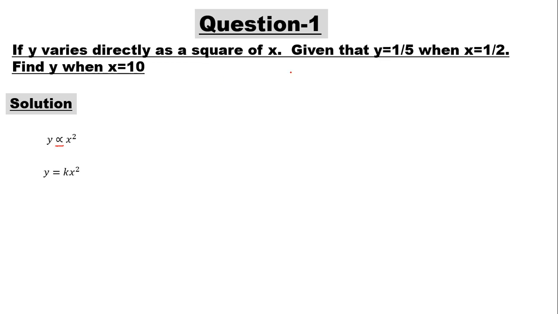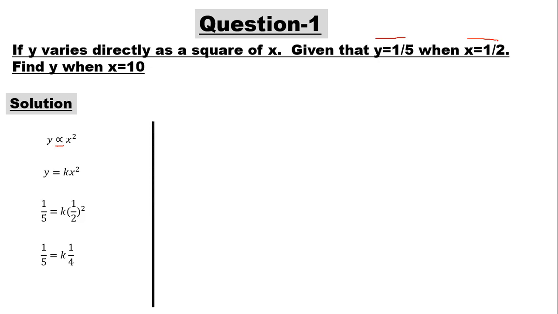Now students, if you go back to the question, you are given the value of y and the value of x over here. Simply substitute the value of y in place of y and x in place of x, and you will get only one unknown, k, so you can find the value of k by using these values. If we replace y with 1 by 5 and x with 1 by 2 with the square on it, it becomes 1 over 5 equals k times 1 over 4.